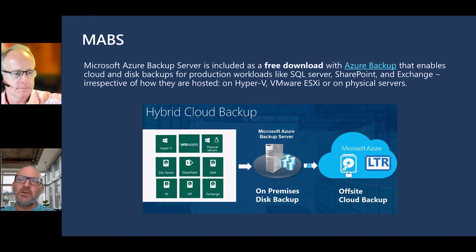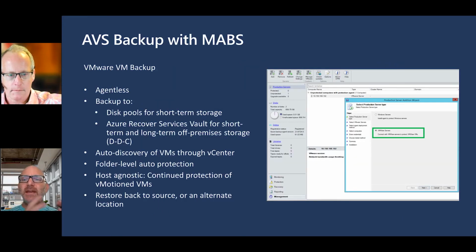Yeah, right? Exactly. So by using Azure native backup services like Microsoft Azure Backup Server, you can then take those backups, move them off to Azure native disks, and then replicate those disks to wherever you want to replicate them, to anywhere in the Azure fabric globally.